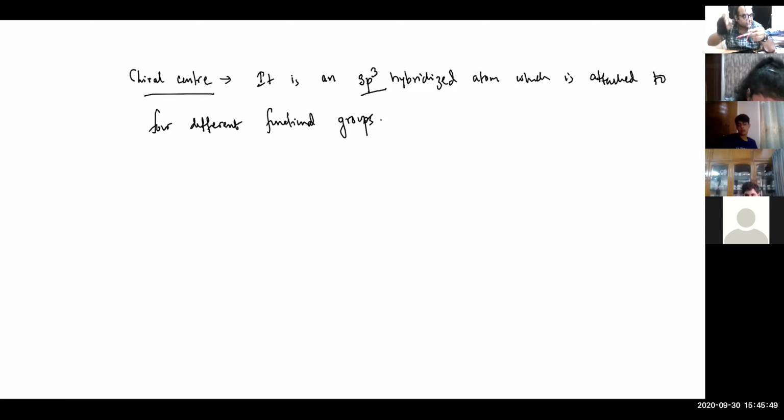So whatever is in the middle, being attached to 4 different functional groups, we call the center carbon a chiral carbon. For example, here there is a carbon. This carbon is linked to a hydrogen, it's linked to sulfur, it's linked to a chlorine, it's linked to a bromine, and here say it's linked to a CH3.